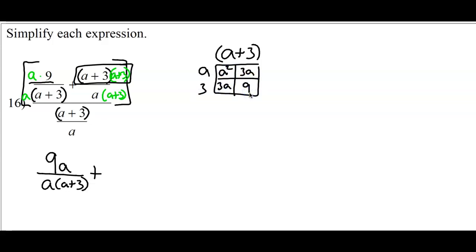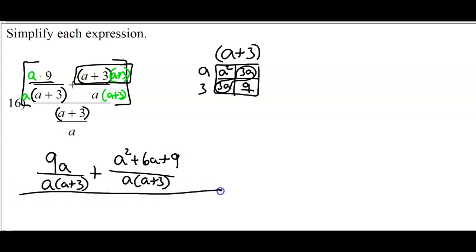Okay, so I end up with a squared plus 3a and 3a come together to make 6a, and then 9. So I got these two fractions to come together as one.